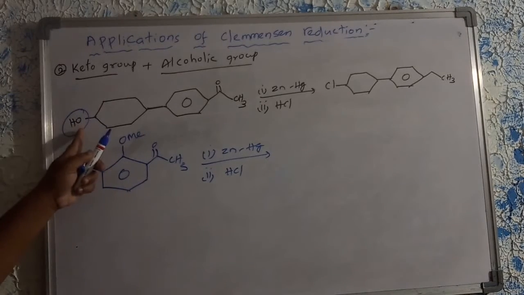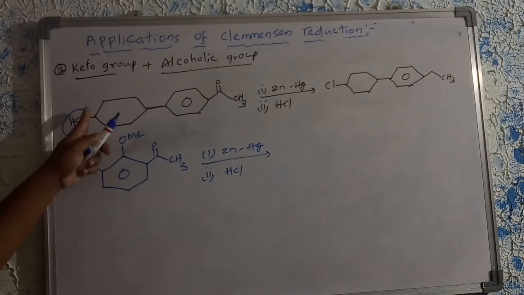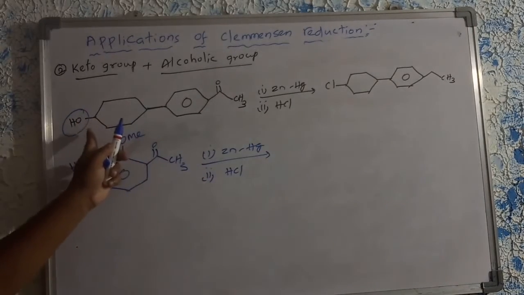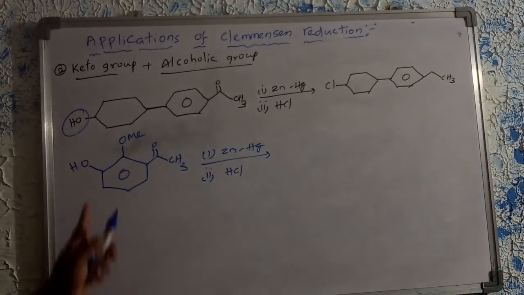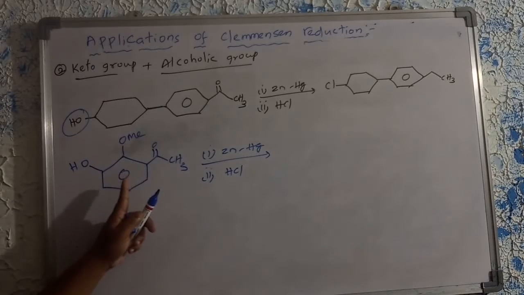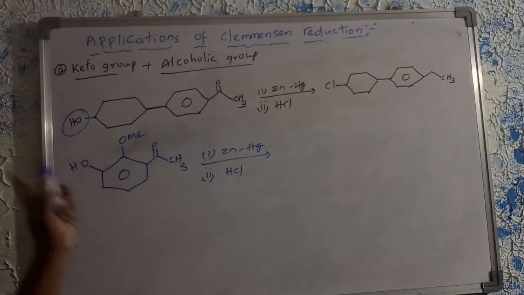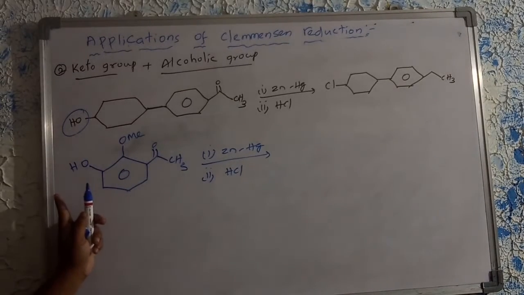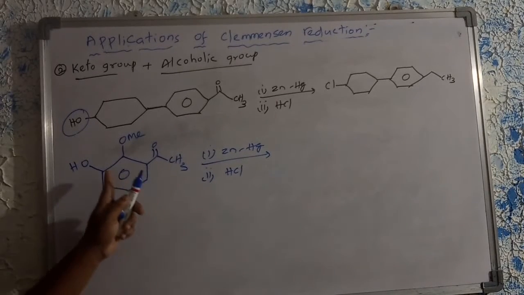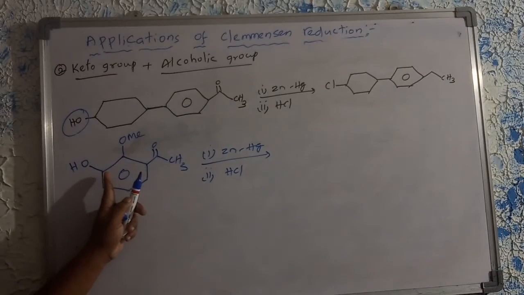In the above example, the OH group is substituted by Cl. Here the side reaction is possible, but when the OH group is attached to the benzene ring, nucleophilic substitution is restricted. Means nucleophilic substitution is not easy on the sp2 carbon of the benzene ring.